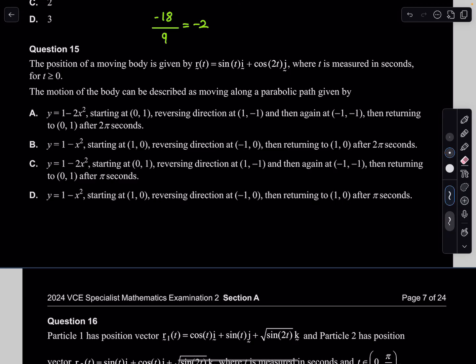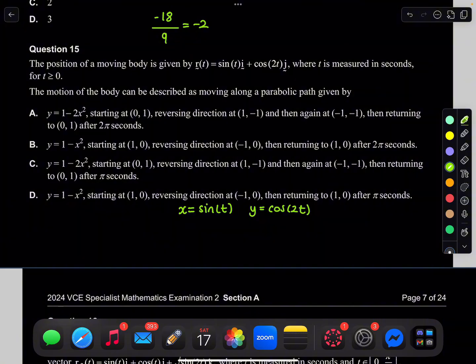We know this is the x component, so x equals what? sin t. And the y component is going to be cos 2t. Now, we know that cos 2t is what? Let's simplify. We can just look at it in our formula sheet.